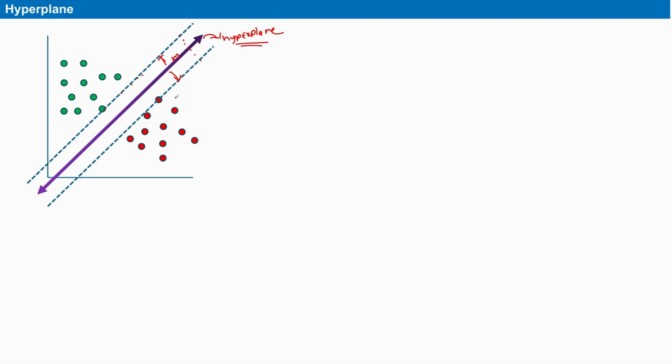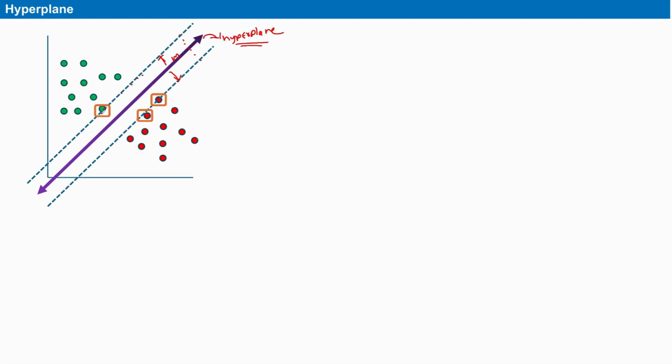Okay, the next component is called the support vector. The closest examples through which these marginal lines pass are called the support vectors.